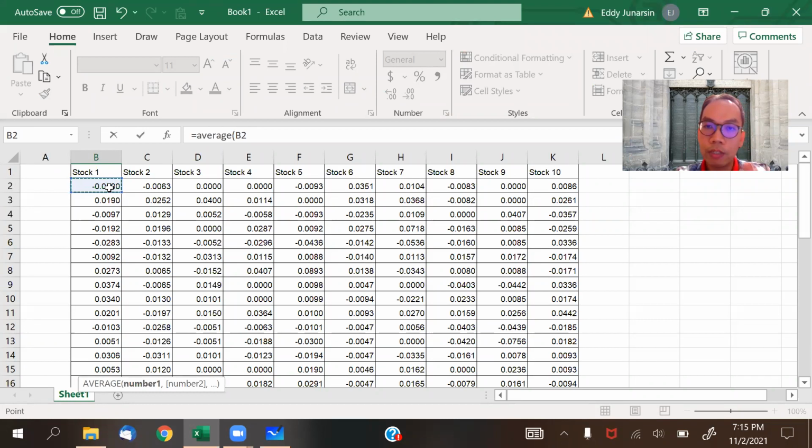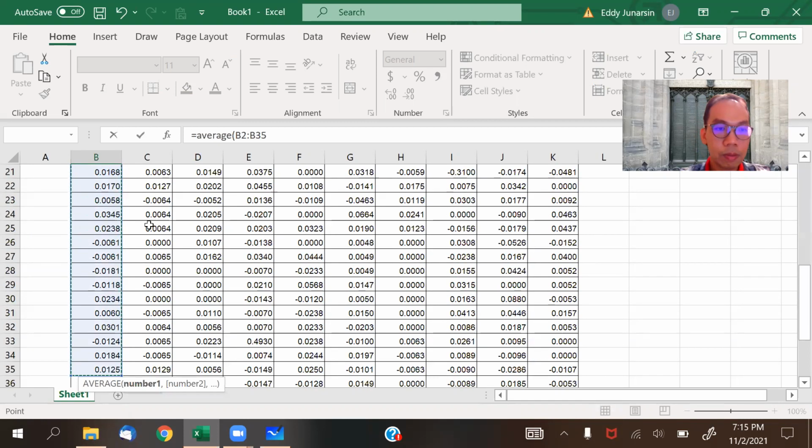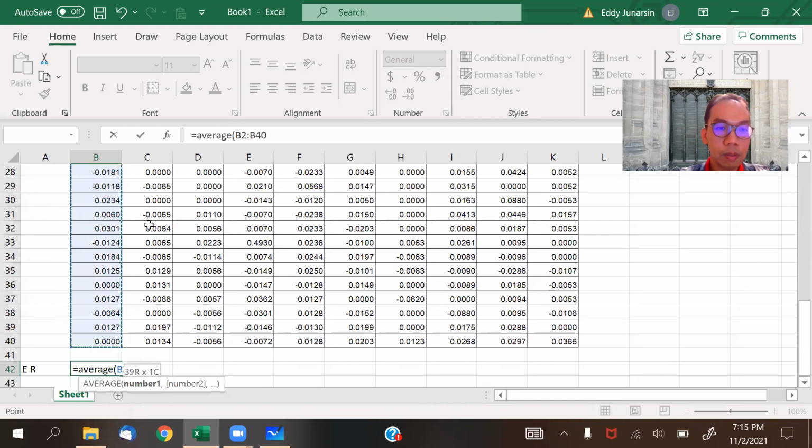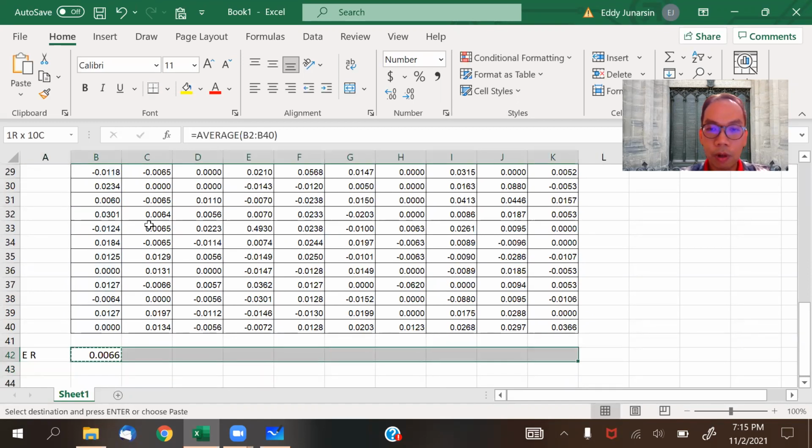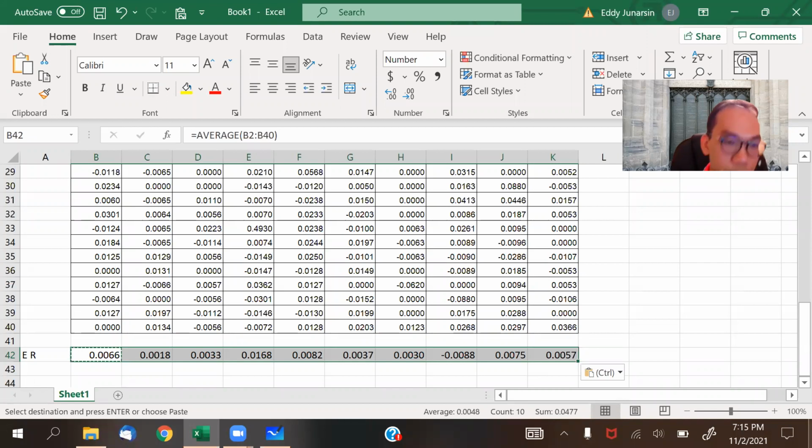Of course, for the capital market and financial assets, geometric return or geometric average would be more appropriate. But for the sake of brevity and example, we'll just use the arithmetic. So do the arithmetic averaging for all the 10 stocks. Suppose we only have 10 stocks as the components in our portfolio.